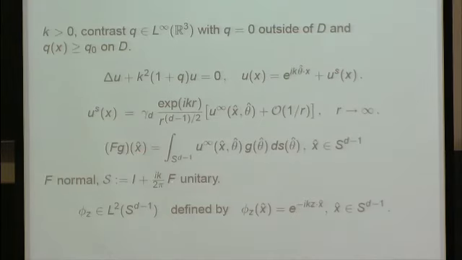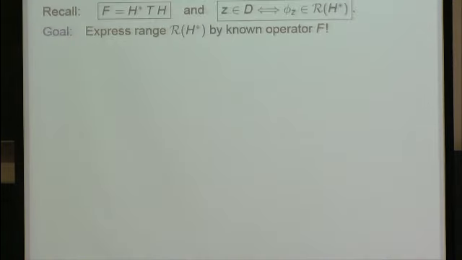Okay, and then another notation here. F is an important notation, that's the far field operator, and the other notation is this phi z. z is any point in space. It's just this very simple exponential function e to the minus ik z times x hat, and that lives also in L2 on the unit sphere. So these are the notations, the repetition of last time, and then again a repetition here. We saw and we proved the factorization of this operator in terms of 3 operators: H, first H, then T, and then H star.